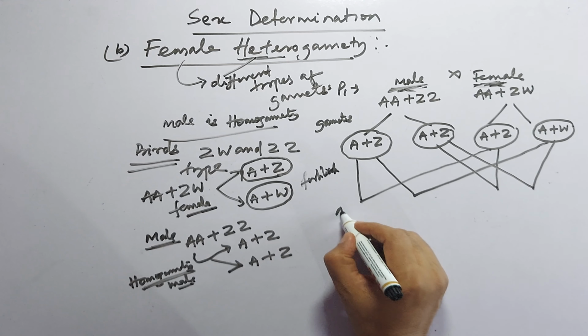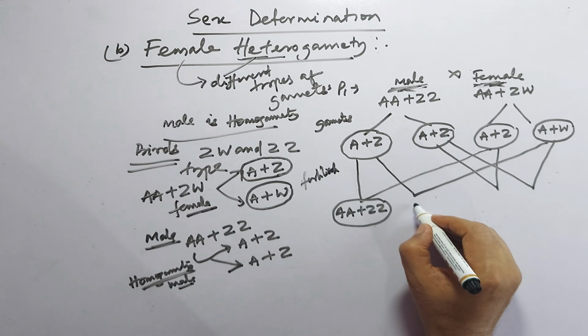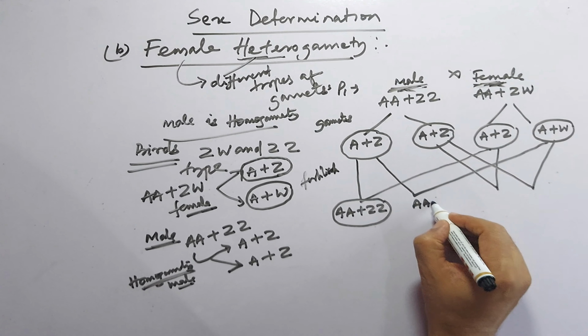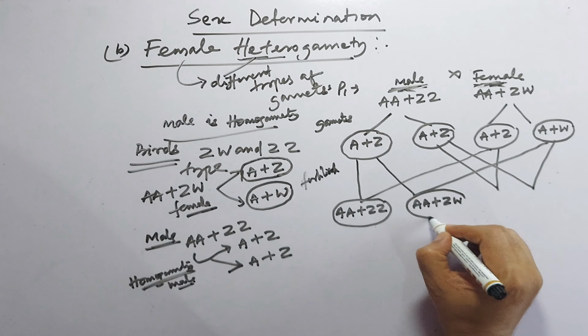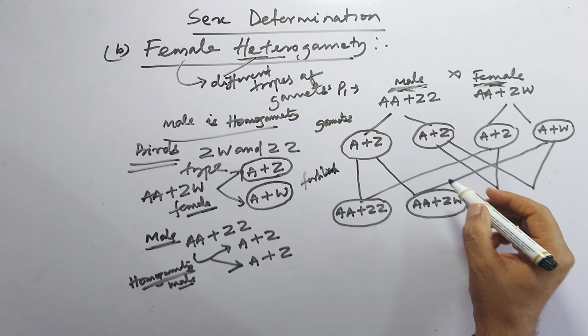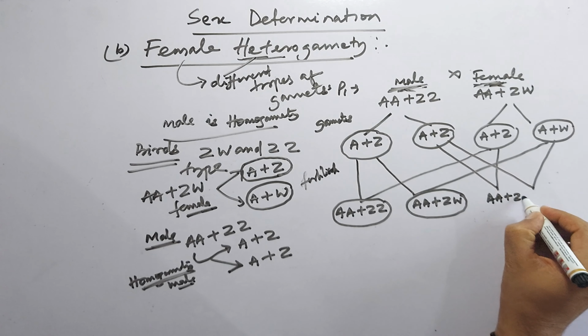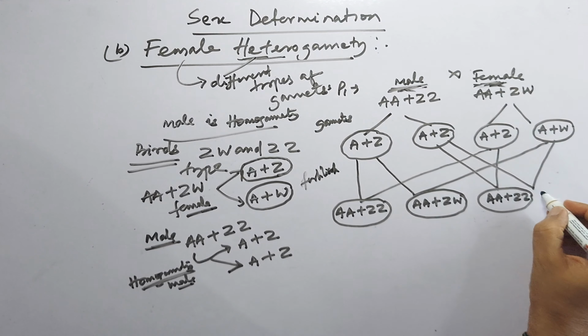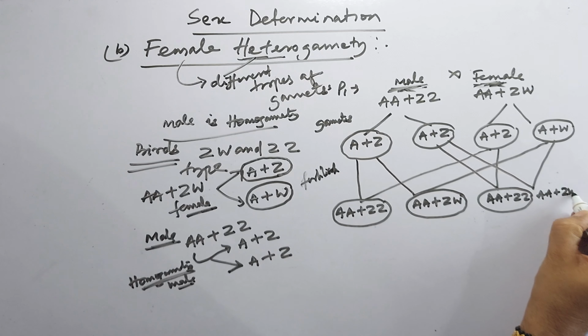So this is AA plus ZZ, this is AA plus ZW, this is AA plus ZZ, and this one is AA plus ZW.